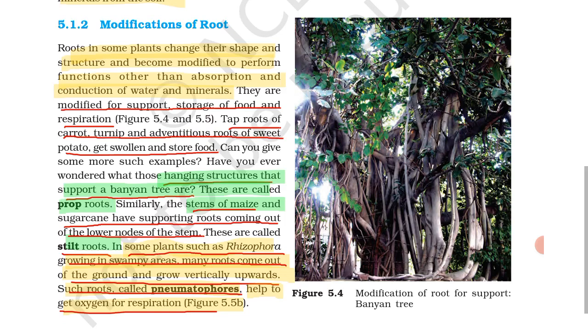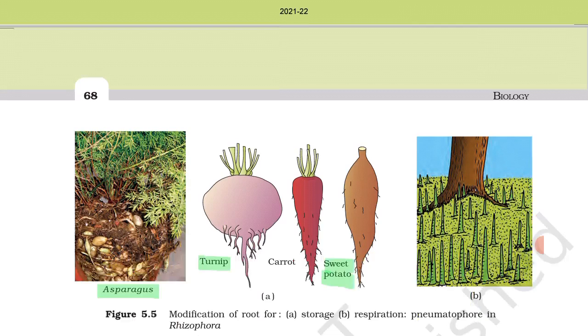And in some plants such as rhizophora growing in swampy areas, many roots come out of the ground and grow vertically upward. Such roots help to get oxygen for respiration, hence are called nematophores.